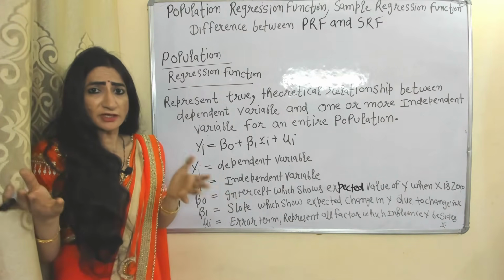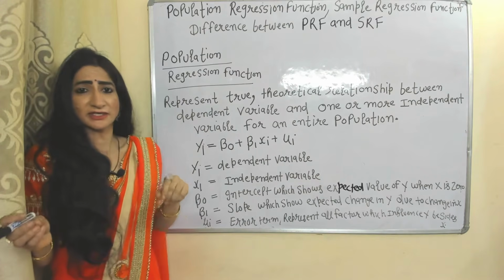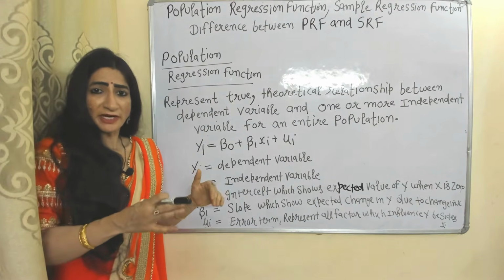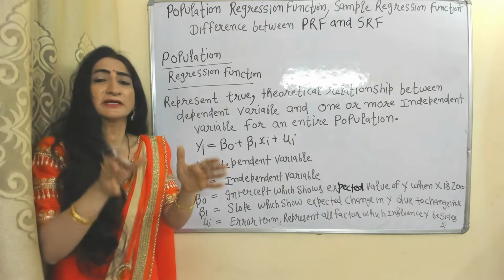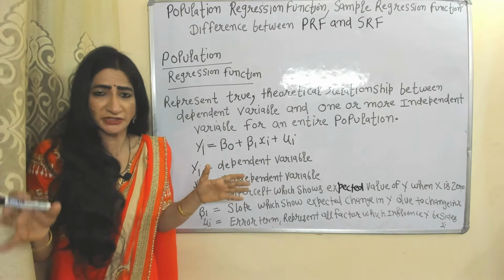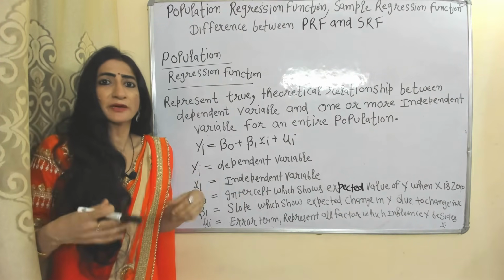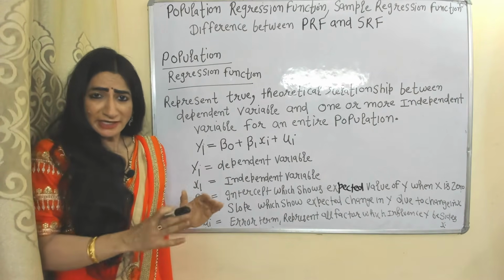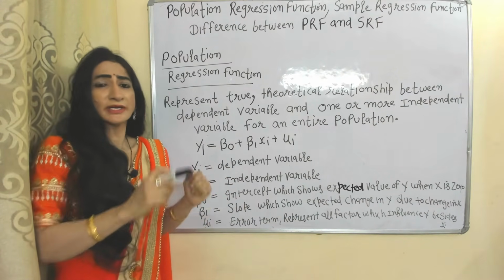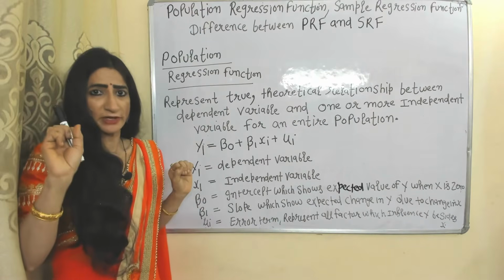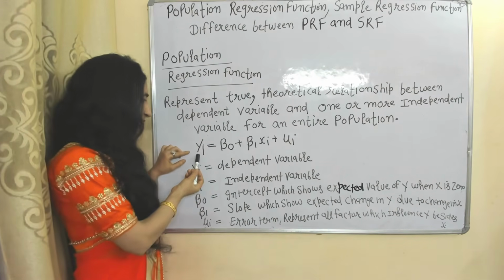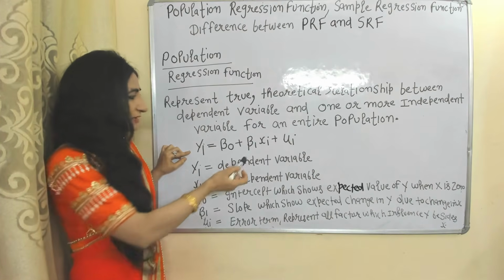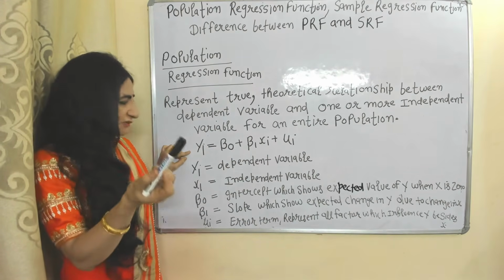Population regression function represents the true and theoretical relationship between a dependent variable and one or more independent variables for the entire population. For example, yi is the dependent variable, xi is the independent variable.